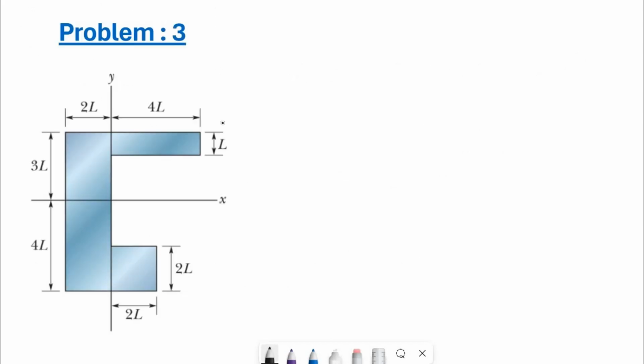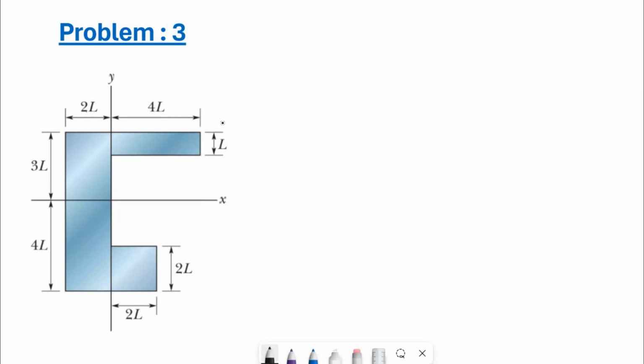So in the third and the final problem of this video, we're going to find out the center of mass of a uniform planar object, which is given in the figure. Notice the coordinate system with respect to which we are supposed to find the center of mass is arranged in such a way that 4 different pieces of this object fall in 4 different quadrants.